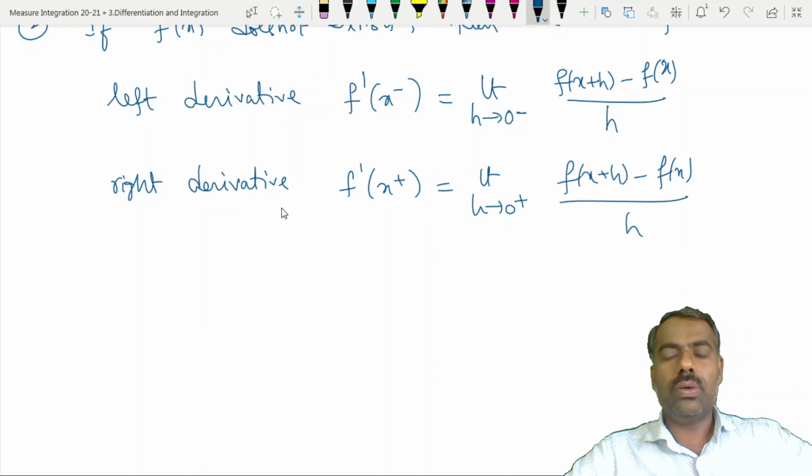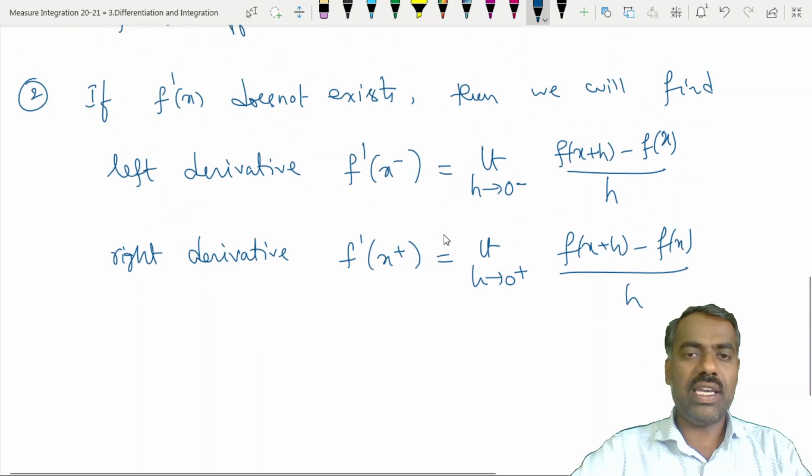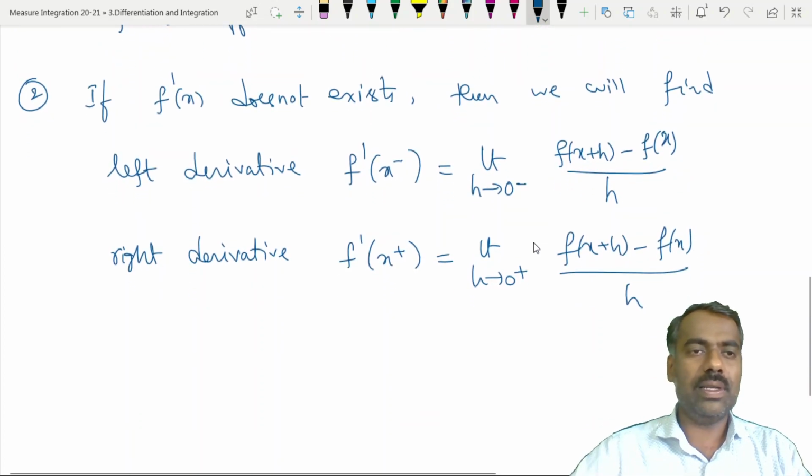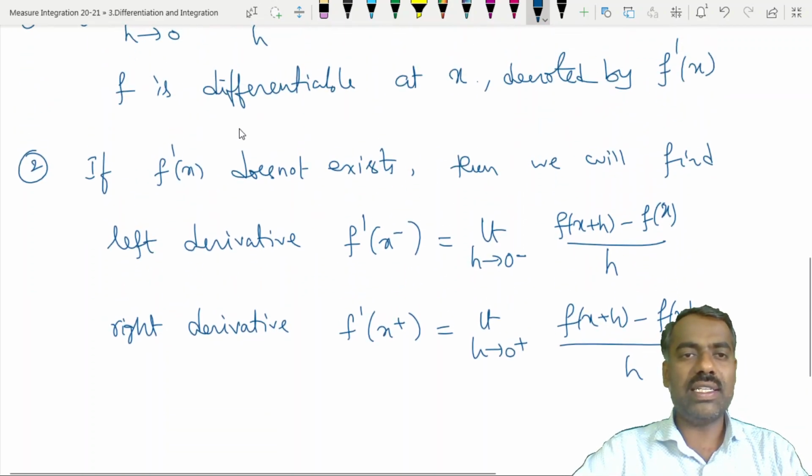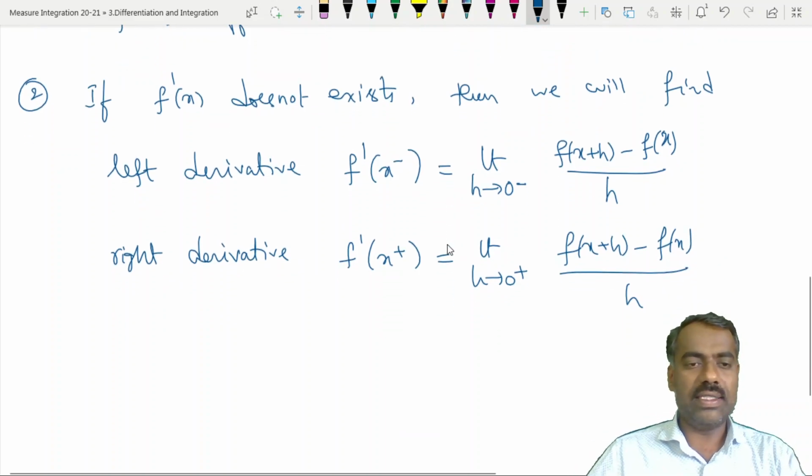So if these two exist and they are equal, then we say f is differentiable. If they exist but are not equal, then we say it is not differentiable, but the left derivative and right derivative exist.